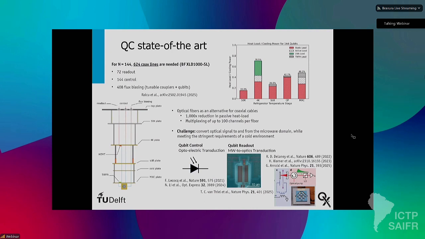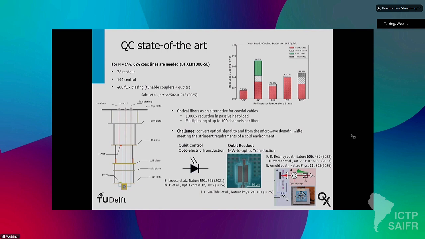No, I think good question, right? For the qubits, I'm not saying you will probably be able to replace all the coax lines. I think you will be able to replace a relatively big fraction of them. So you will not remove all of the passive heat load by any means. I think you could, in principle, remove all of this green bar here, the LNA load, right? So this is for the HEMTs. Of course, there's also some heating from the transducers.